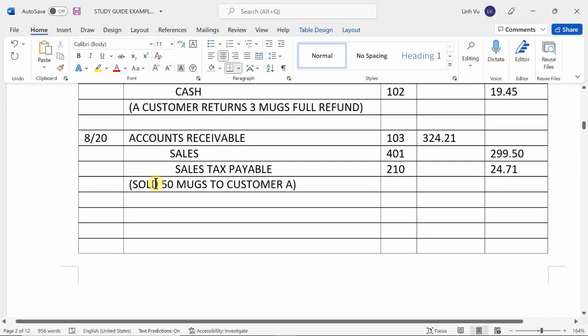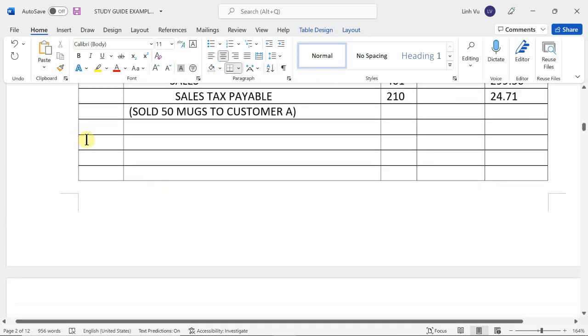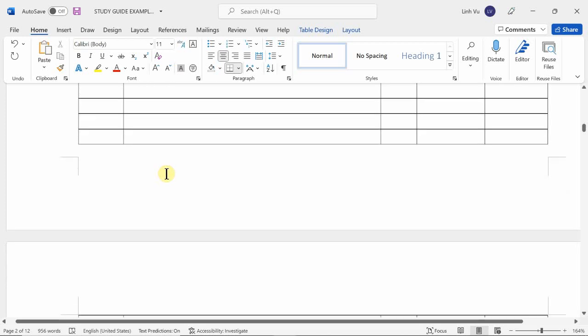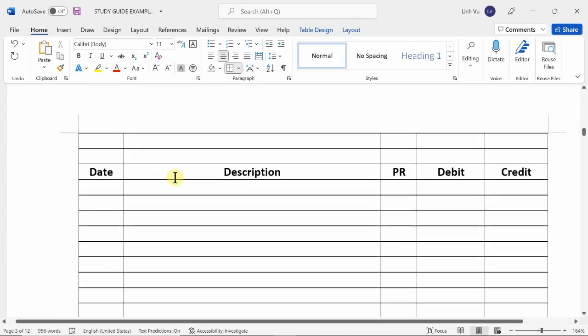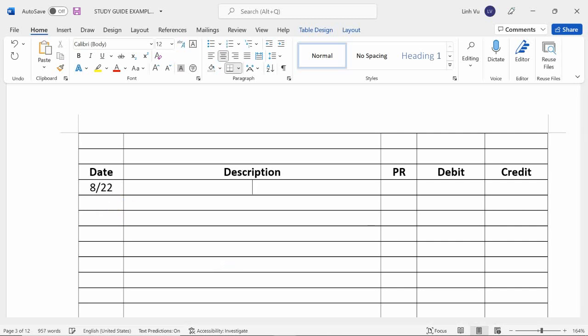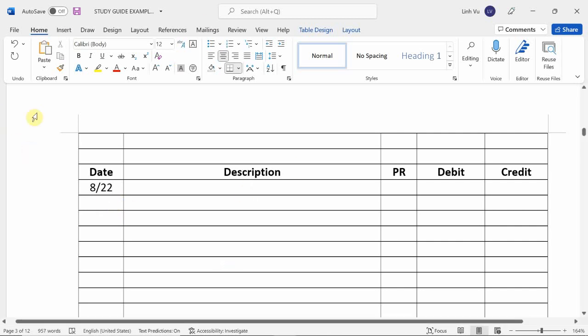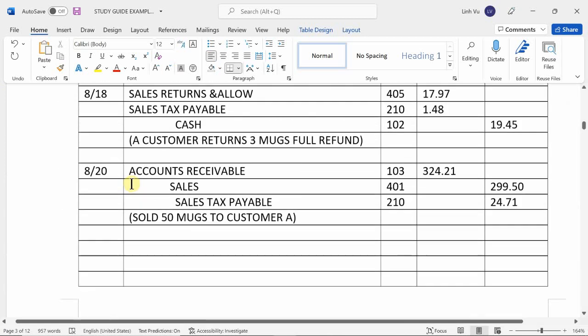So in this case, you don't have enough space here, okay, so that means you're going to be going into the next page here. It is the 22nd, right? You sold for cash.